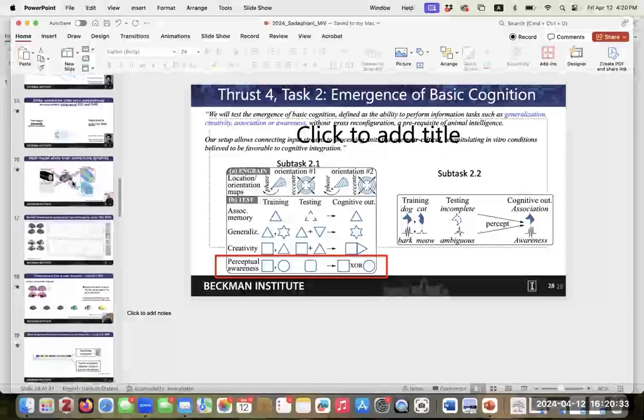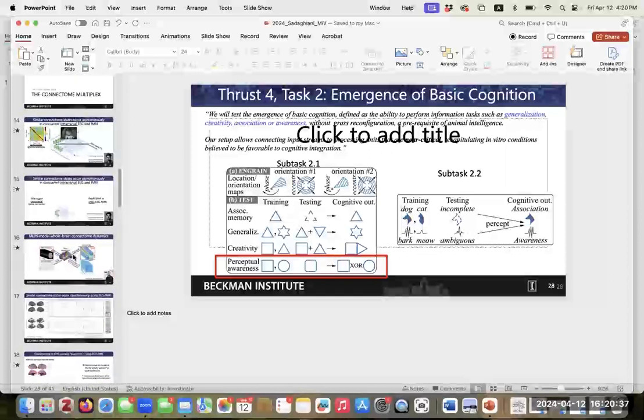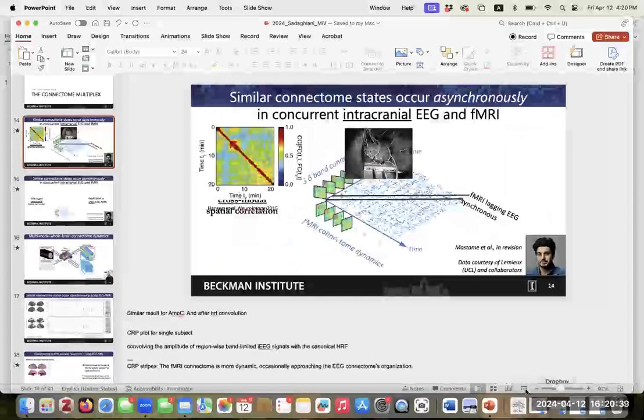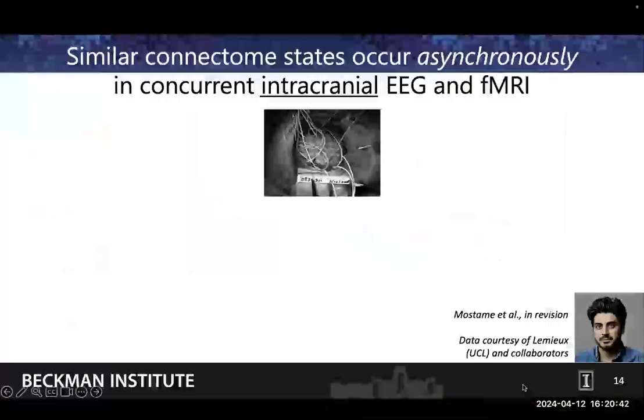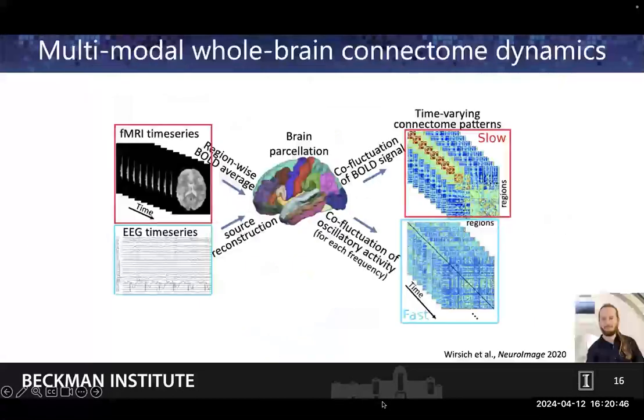So the way we analyze bimodal data, again, I said we have the intracranial bimodal with fMRI, and then we have also scalp like this. So we take concurrently recorded fMRI and EEG. We do the source reconstruction that I explained earlier. We average fMRI signal across the same coarse atlas.